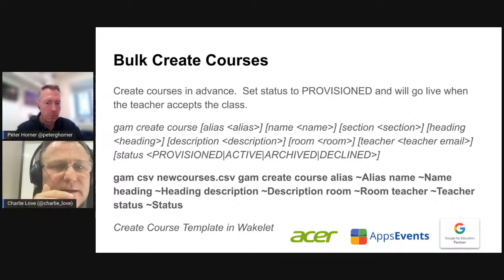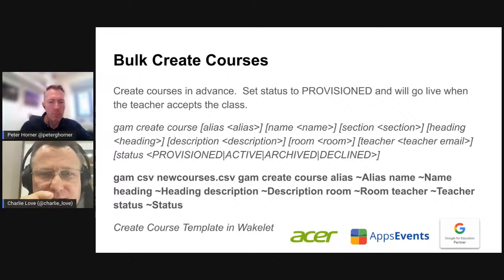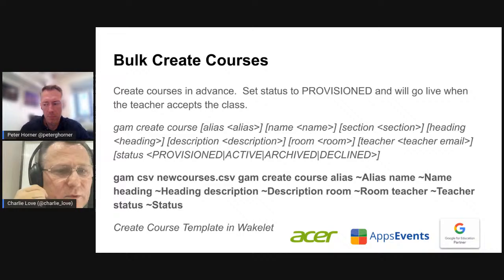So in this case, we're creating courses. And what I've done here is shown you the GAM command to create a course. And then below that in bold, I've given you the command to do this in bulk. And the interesting thing to notice, folks, is that when you provision classes and courses in this way, the best way to do it is to provision them as either provisioned or active.